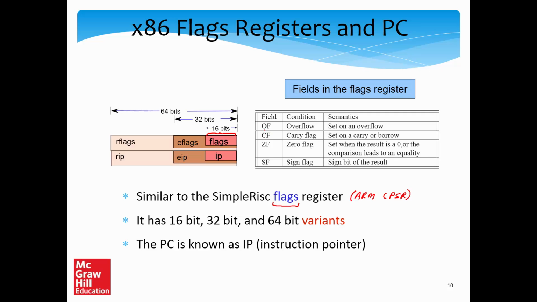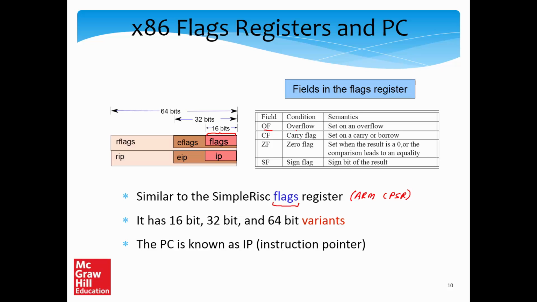There are many bits, many subfields in this flags register. One of them is overflow, OF. This is set if the previous operation, which can be a compare, or some other operations which can set the flags, overflowed. Readers who are interested can take a look at the x86 manual and they'll find all the flags that any instruction can set.